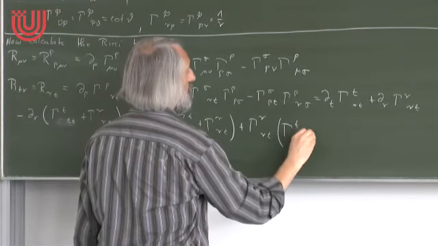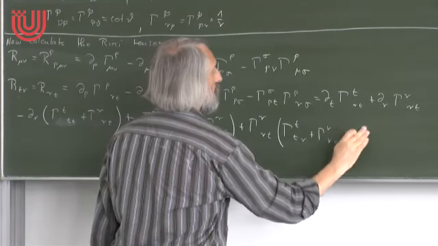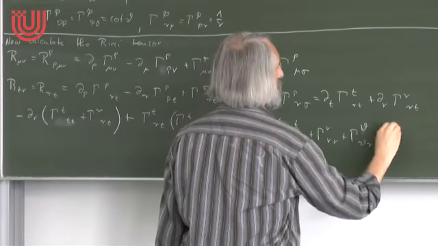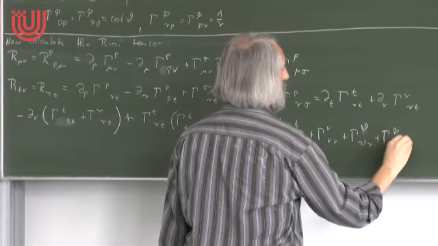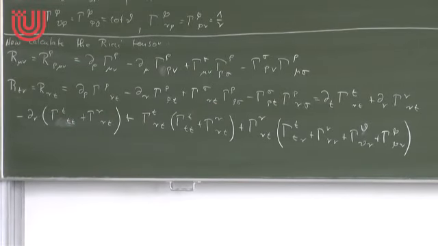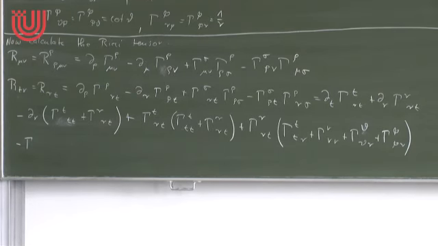Gamma T, R, R, theta, R, plus gamma phi, R. So that's this term. And now comes the last one. Minus gamma. So I have a t here. What combinations can I get here?